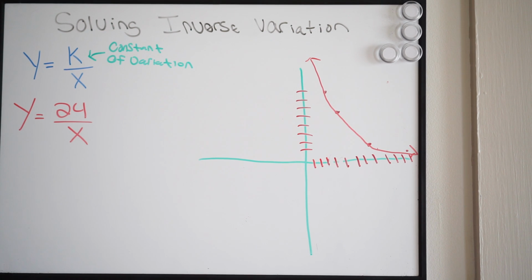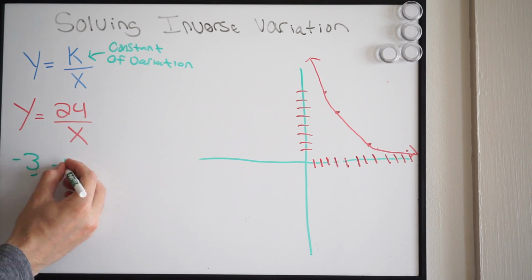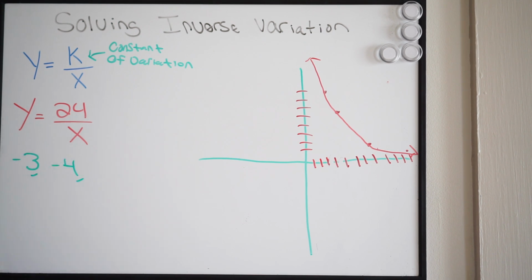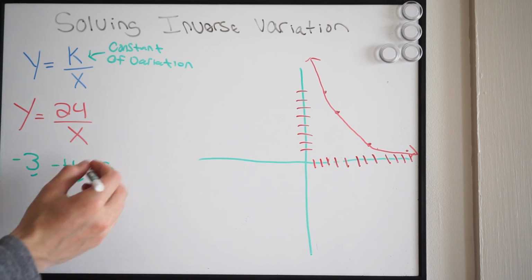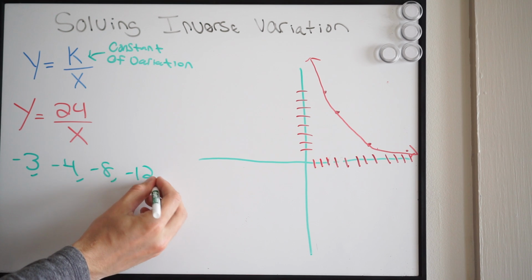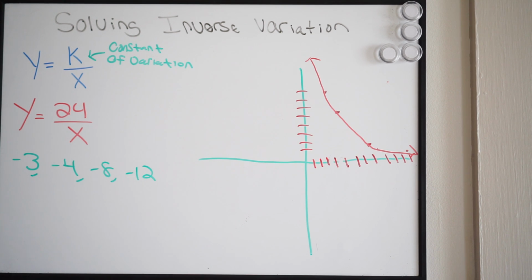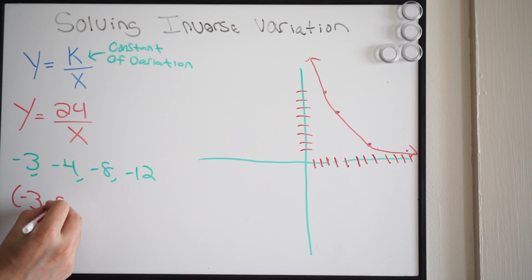So now we're going to plug in a negative 3. We're just making the values we originally plugged in negative so we can get the other side of the graph. So let's go ahead and plug these in. When I plug in a negative 3, in this case I'm going to get negative 8.